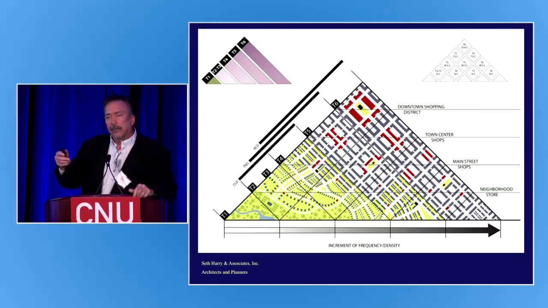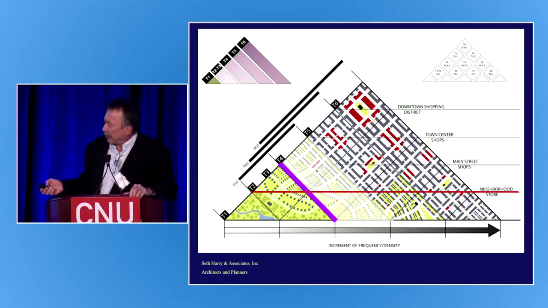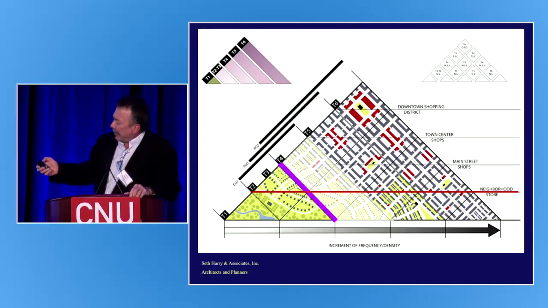And I know suburban retrofit is a very big part of this discussion at this conference. But this is a diagram that's in the Sustainable Commerce module for the SmartCode that begins to talk to this idea. What it's intended to represent is the incremental growth of urban places.